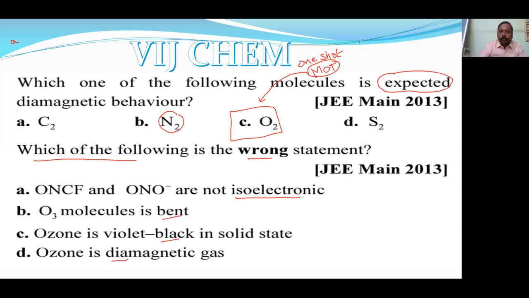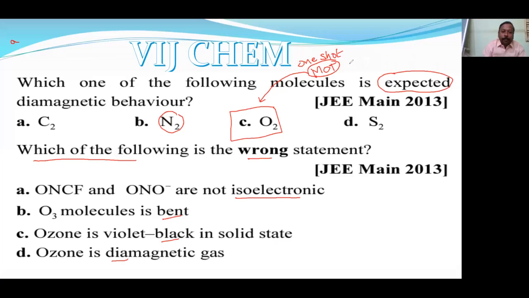Okay, here very simple, not isoelectronic. If you add all of them, here it will be 6 plus 7 plus 6 plus 9. Okay. And here if you count, tell me how many answers you will get.